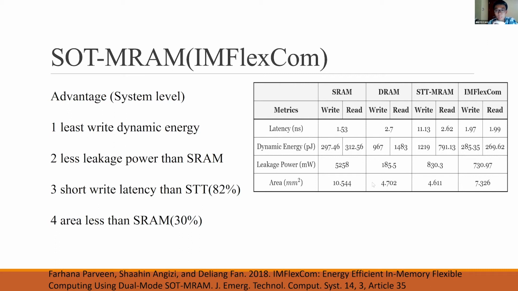It is able to improve the write latency by up to 82% compared to standard spin transfer torque MRAM. And we can see from the table that both MRAM designs have shown longer write latencies compared to SRAM, due to the longer write latency of the magnetic memory storage device. Moreover, the area overhead of the proposed IM FlexCom memory model is 30% more than DRAM and STT-RAM, but 30% less than SRAM.